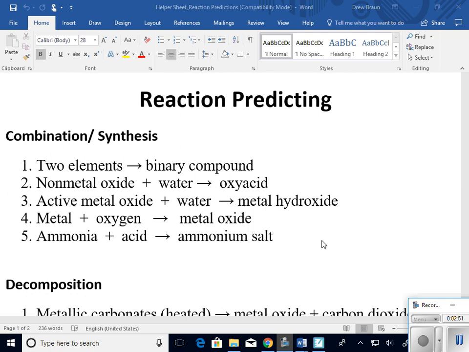Okay, so what we're going to do is work a few more of these examples, and then I'm going to give you a worksheet. So, with today, our objective should be to be able to take reactants and to predict how they would form in a combination reaction.